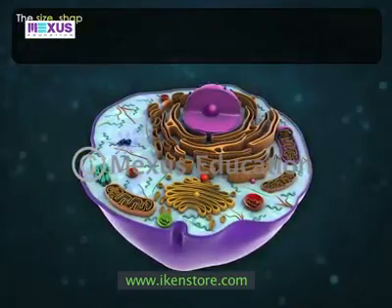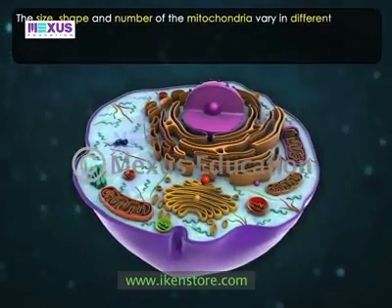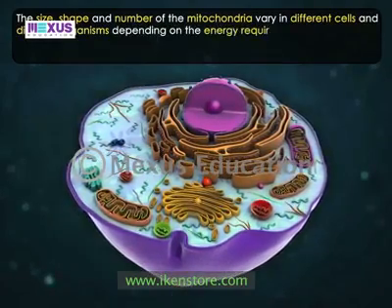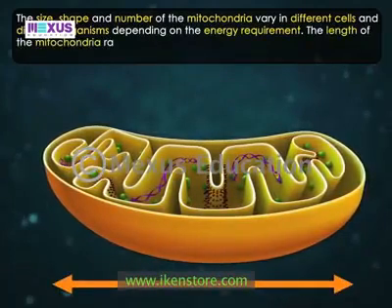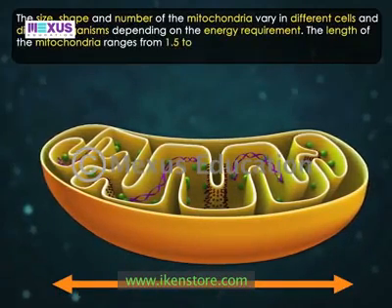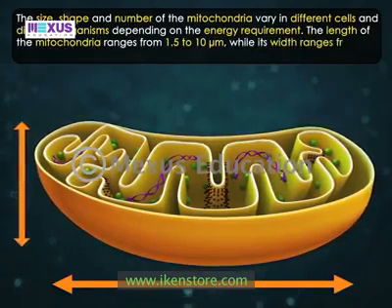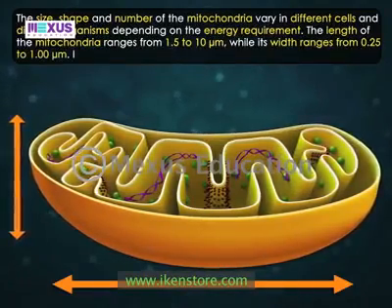The size, shape, and number of the mitochondria vary in different cells and different organisms depending on the energy requirement. The length of the mitochondria ranges from 1.5 to 10 micrometers, while its width ranges from 0.25 to 1 micrometers.